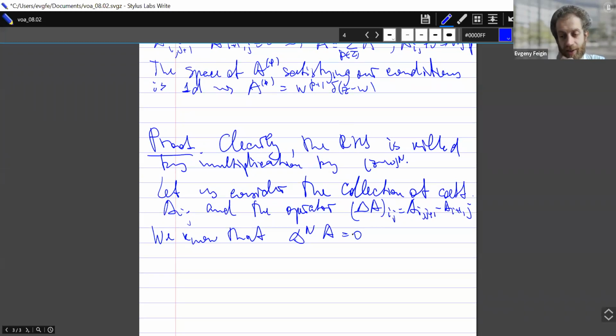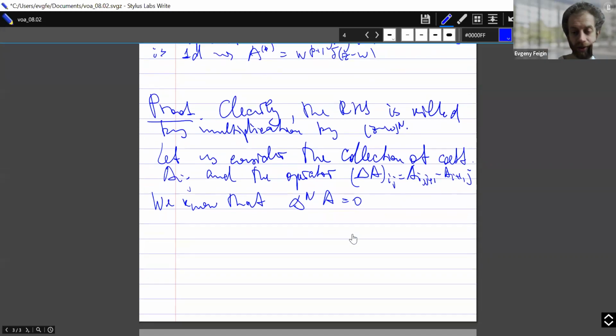So this is the condition. Now, again, before, A is decomposed as the sum of AP.